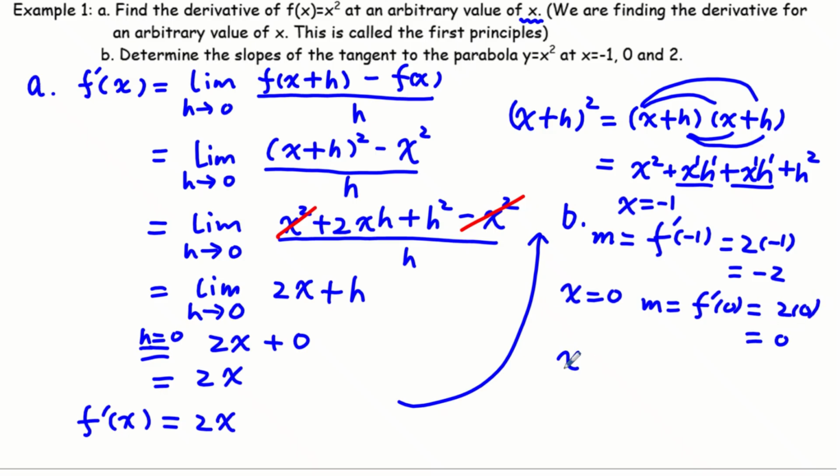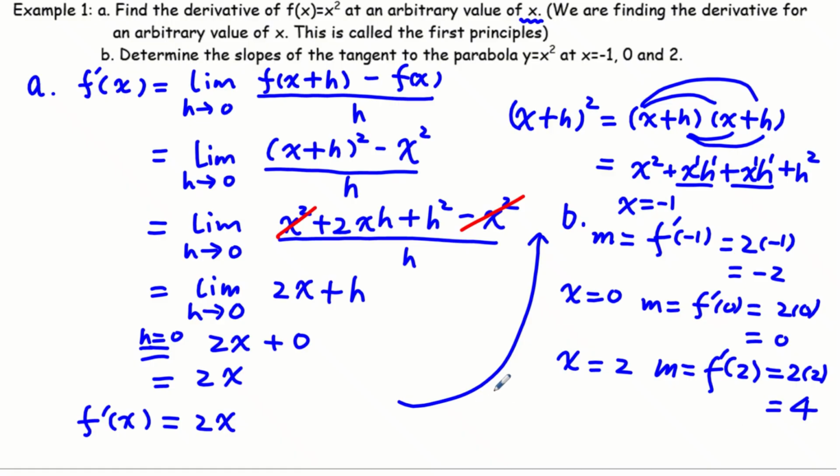When x equals 2, the slope of the tangent at that point for function f is f prime of 2. We sub in 2 into the derivative of function f, and we have 2 times 2 equals 4.